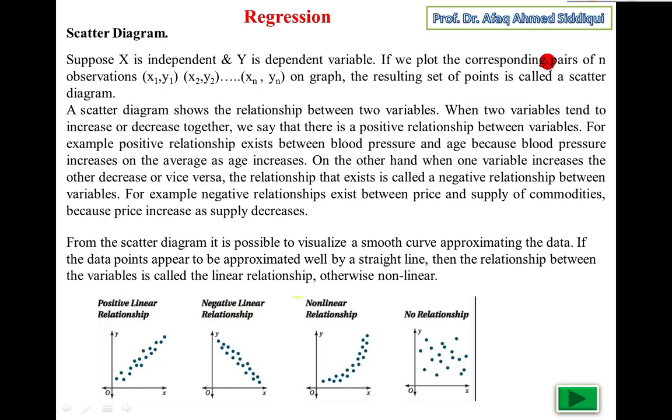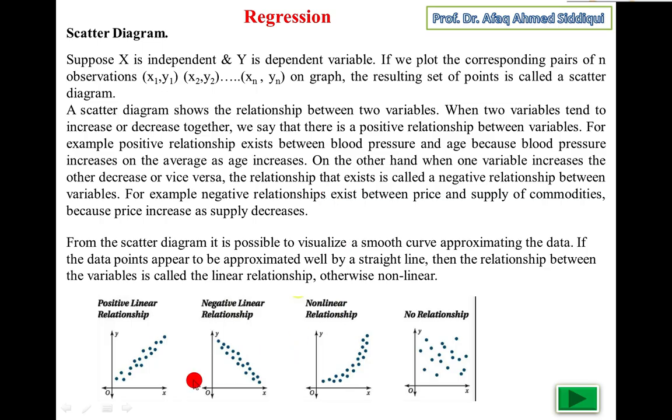If we plot the corresponding pairs of n observations of x and y, x1, y1, x2, y2, x3, y3 and so on up to xn, yn, where x1, x2 are the values of x and y1, y2 up to yn are the values of y, on a graph, the resulting set of points is called a scatter diagram.